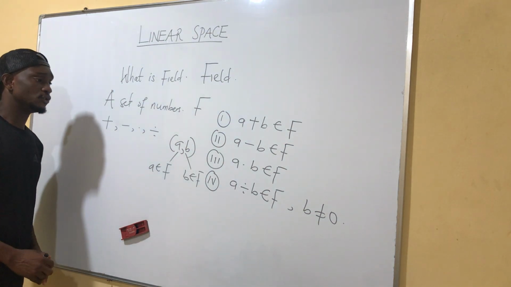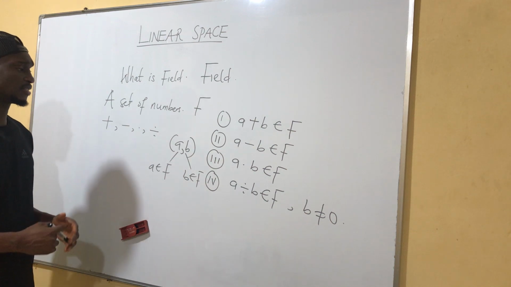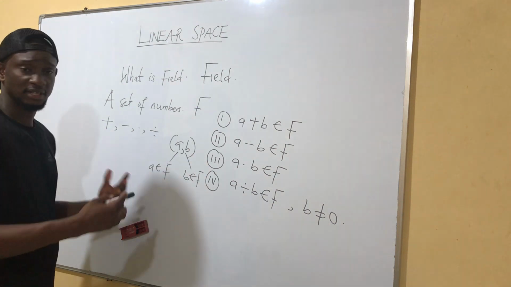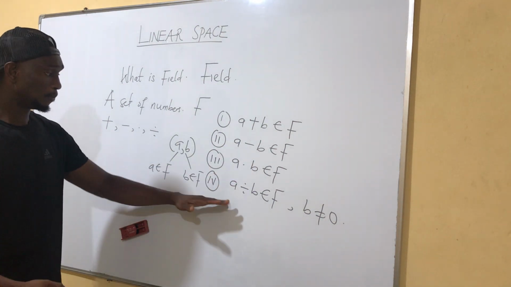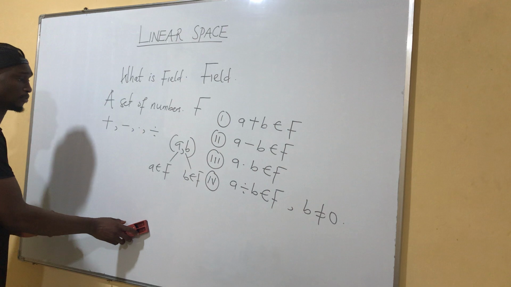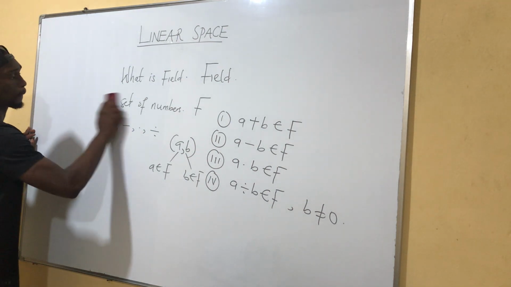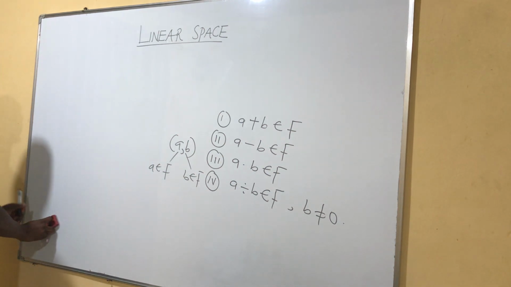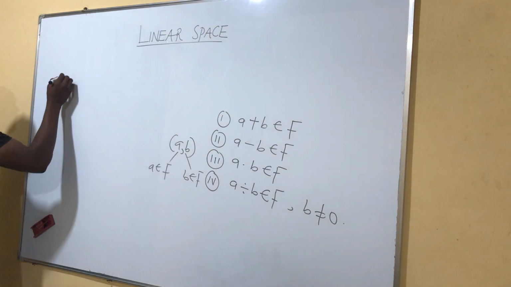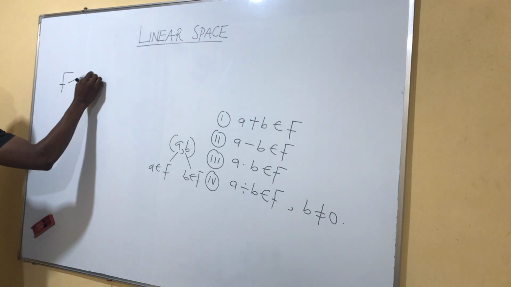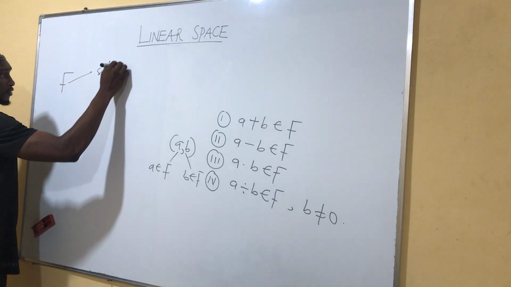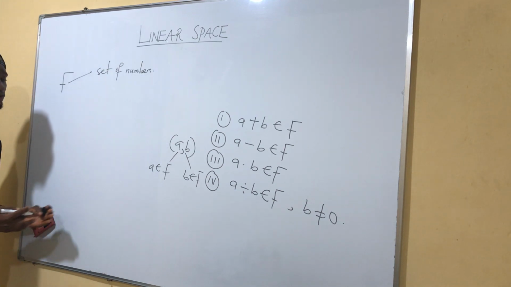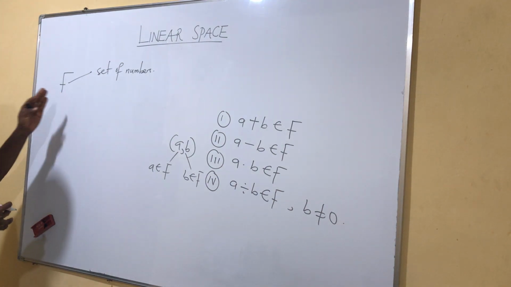Now, using these properties, there are certain other properties that elements in F would satisfy. Let's talk about those properties now. Remember that F, the set we're talking about, is a set of numbers. Now let's check other properties that elements in F will satisfy.